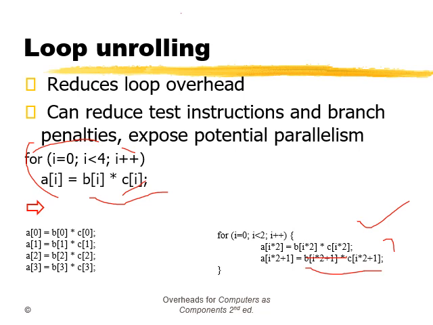In the next stages, the compiler may be able to generate code that allows them to execute efficiently on the CPU's pipeline. So here it was unrolling 4 times, here it is just unrolling 2 times, giving us the same result. Let's move on to the next.